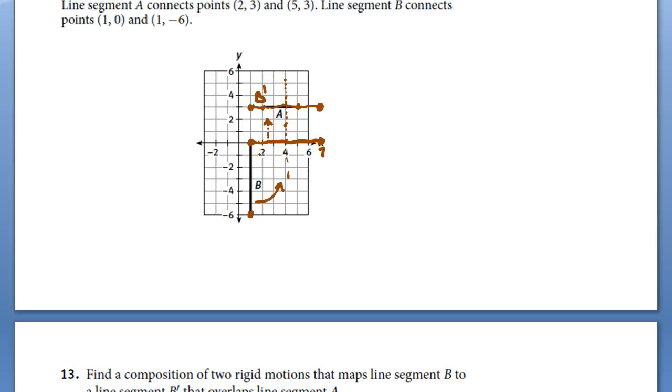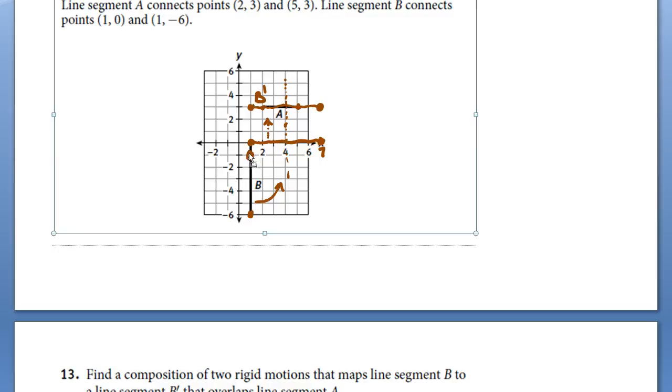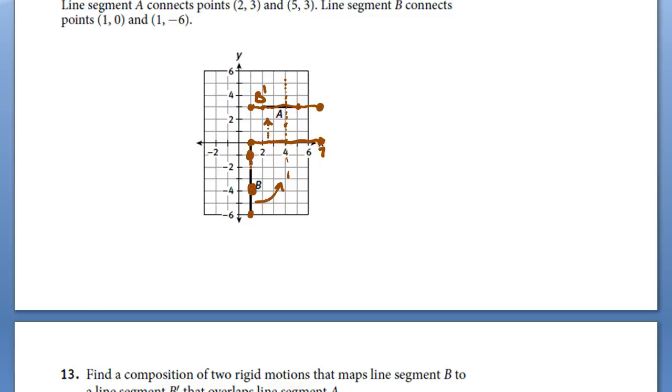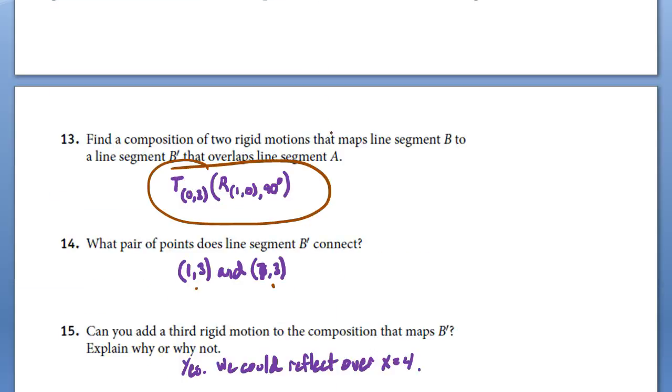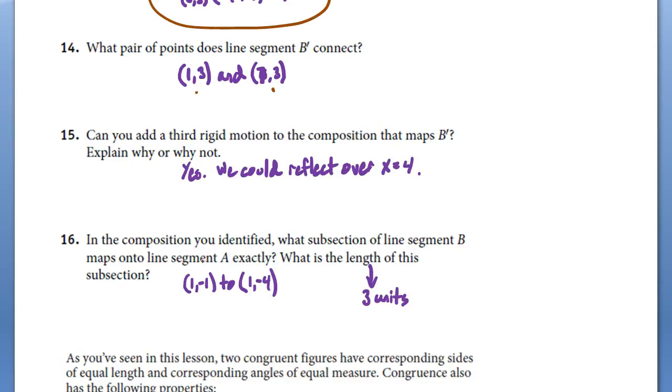And that would go from this spot here, 3 units, to this spot here. It's this chunk of it that ends up as this chunk here, after doing the rotation and then sliding up. And so our answer to this question is the part from (1, -1) to (1, -4), and that's 3 units long.